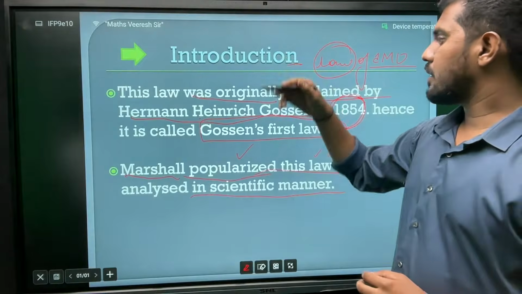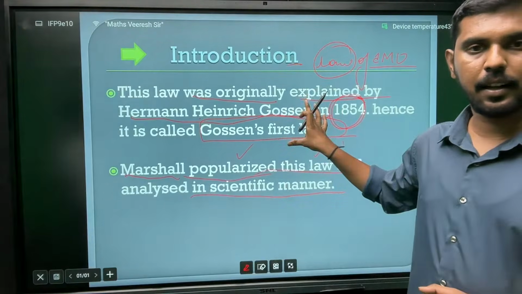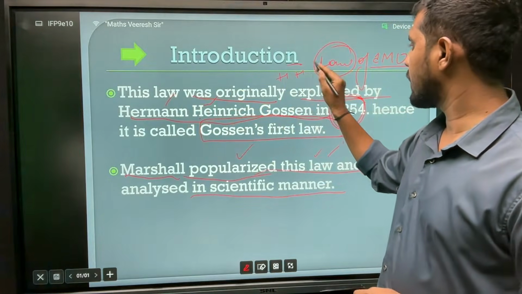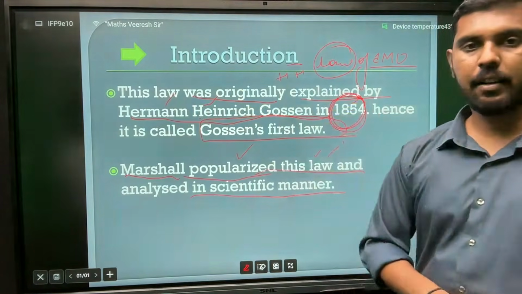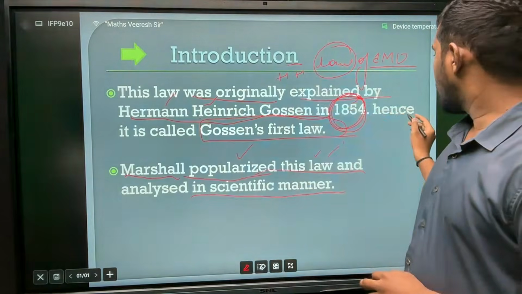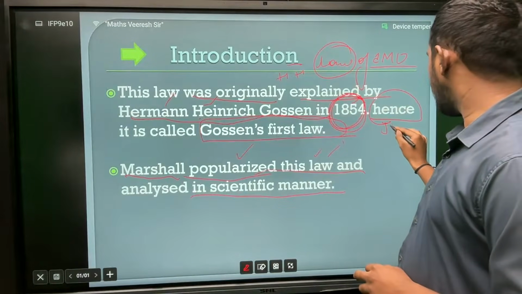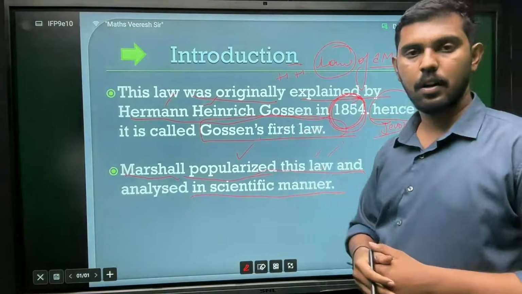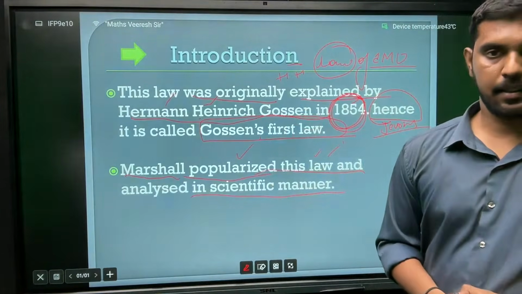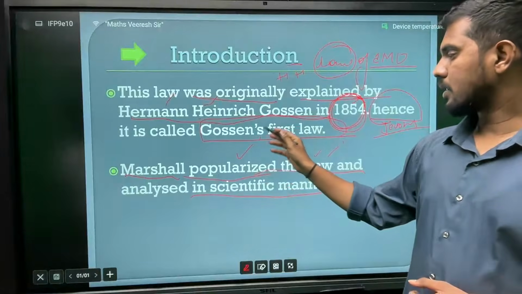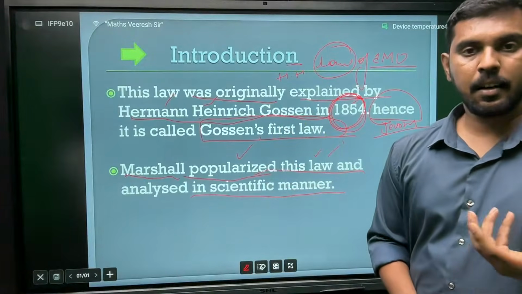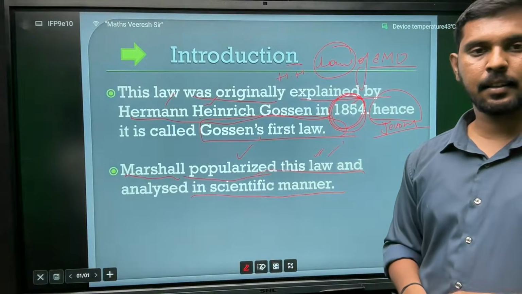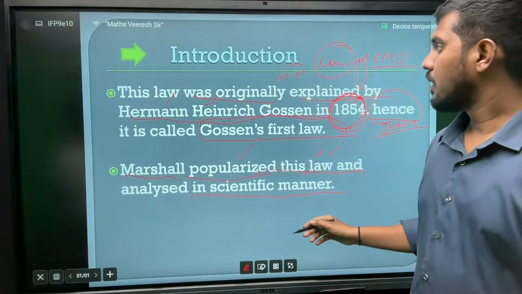So again, in the introduction, the law was originally explained by H.H. Gossen in 1854. Write here that Gossen's first law was the name given by another economist. And later Marshall popularized this law and analyzed it in a scientific manner. So this is the introduction.